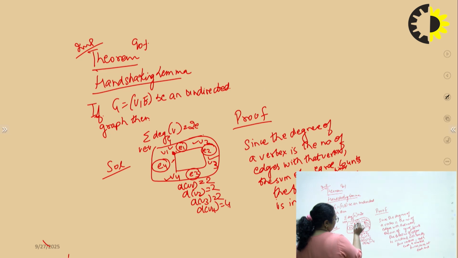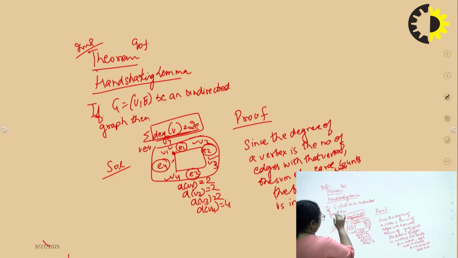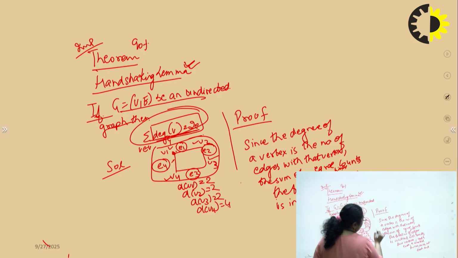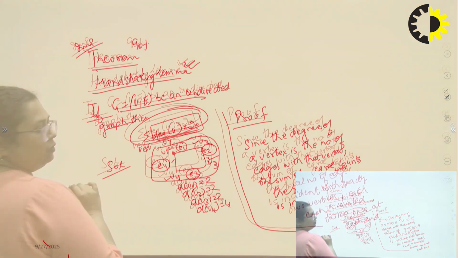So when we are adding, each edge is contributing degree 2 times. So we can say that the sum of degrees of vertices is twice the number of edges. This is a very important theorem, and you should know it. It can be asked with the help of the statement, or with the help of the name. A statement can also be given, and you have to prove it. So thank you.